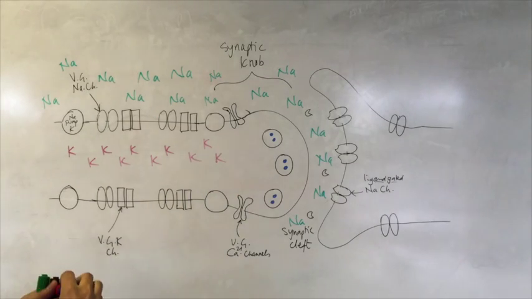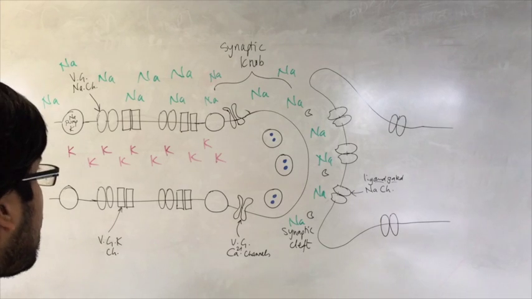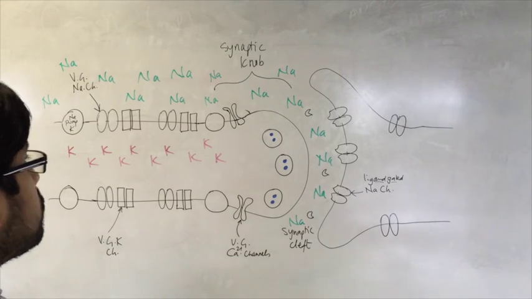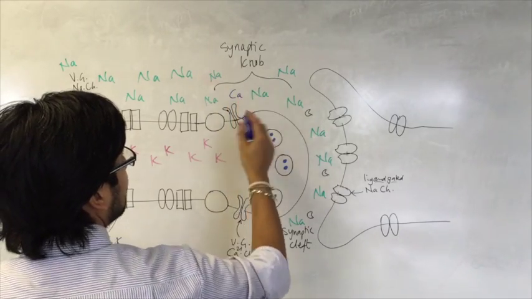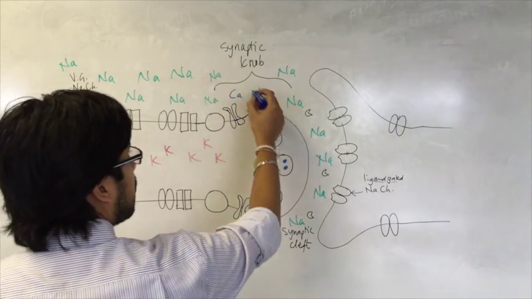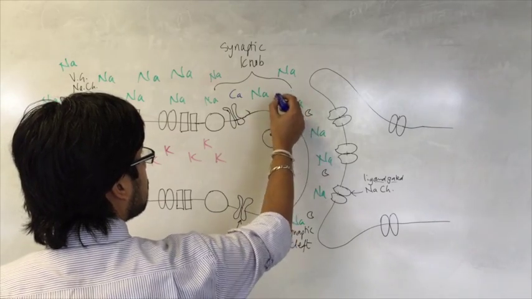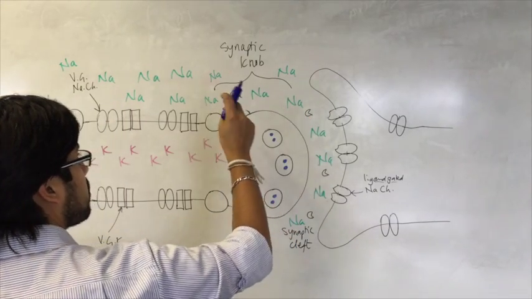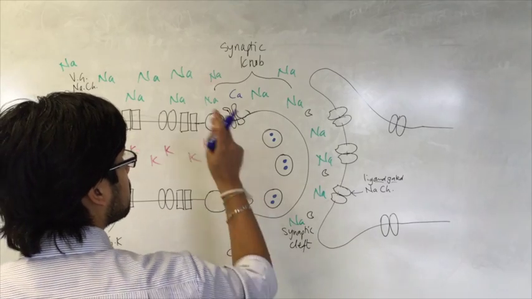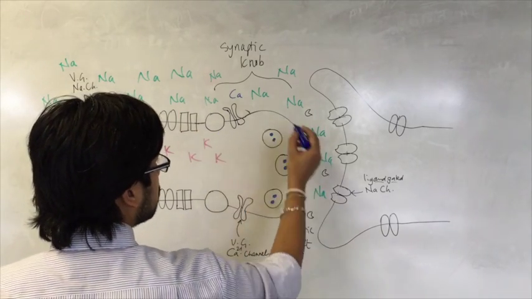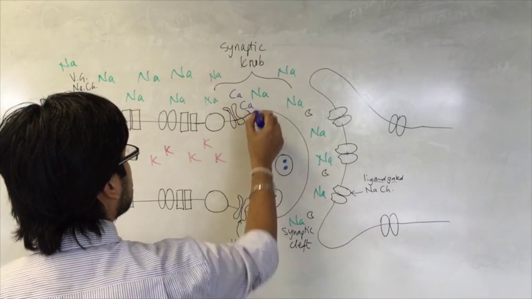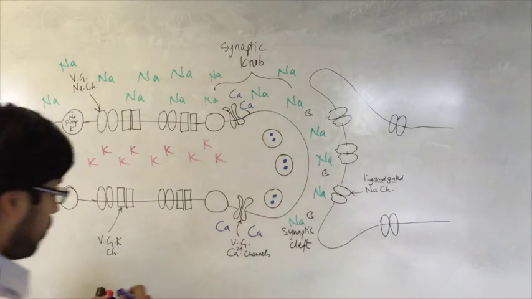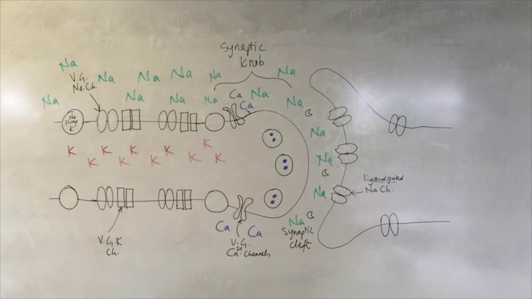We also happen to have calcium ions. I'm not putting the charges on, just to save on time, but sodium ions have a +1 charge, potassium ions have a +1 charge, calcium ions have a +2 charge. And now we can begin.